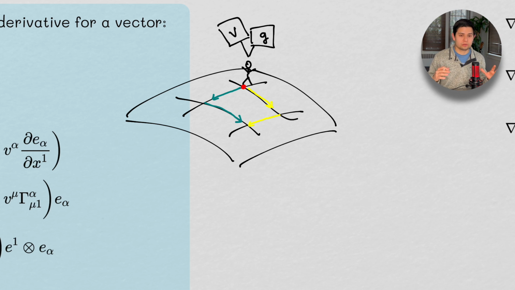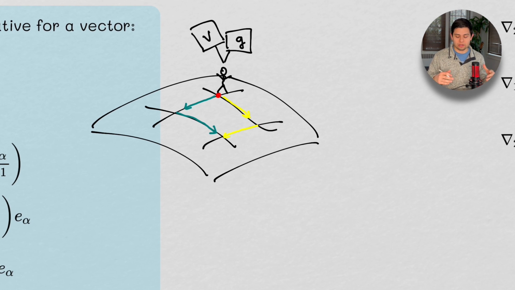But really what we want to do is take the derivative of the vector, this vector here, as we first travel in this direction. So this direction is going to be the x1 direction, and then in the x2 direction. And then we're going to put that in the back of our mind, and then we're going to do this in the x2 direction and the x1 direction, and then we're going to compare the two.